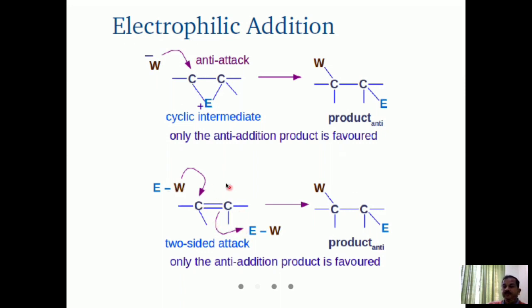Otherwise, this will be a sterically hindered area. It is not possible that both can attack from the same side, because this molecule is also existing here. If this also comes here, there will be steric hindrance. So two-sided attack will be preferred and the product will be only the anti product.